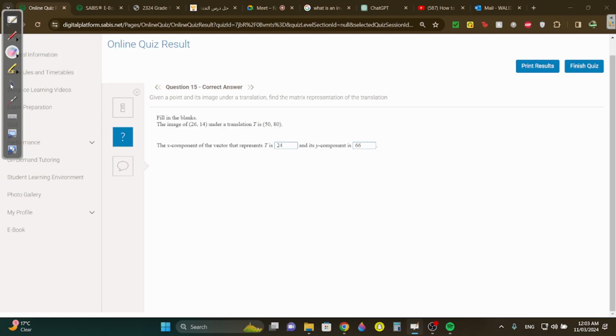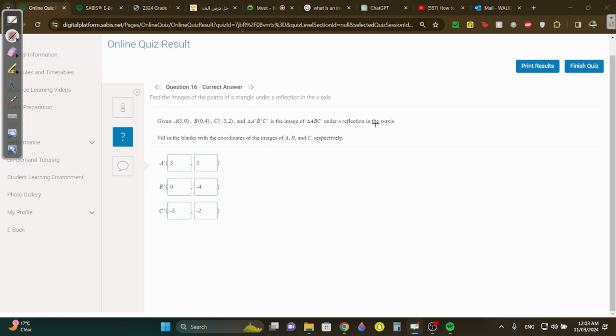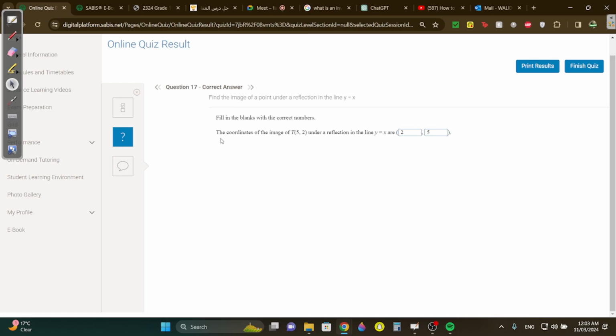Question 16. Reflection in the x-axis, so this is pretty straightforward. Only change the y's. For 3, 0 there's nothing to change from 0. 0, 4 becomes 0, negative 4. Negative 3, 2 becomes negative 3, negative 2 because you change the 2. Question 17, the coordinates of the image of 5, 2 under reflection in the line y equals x.